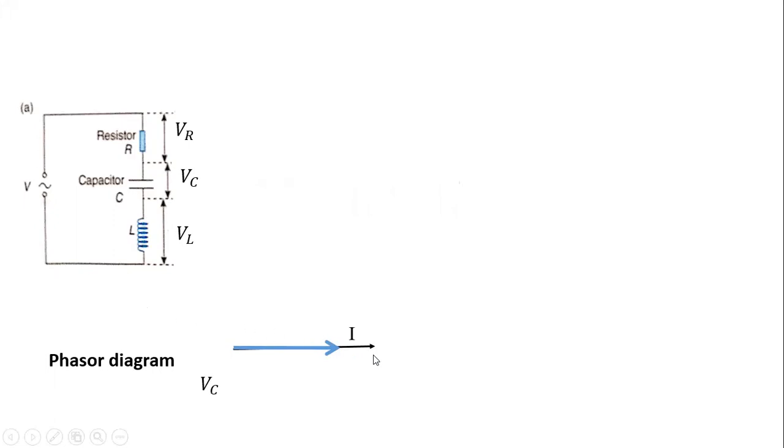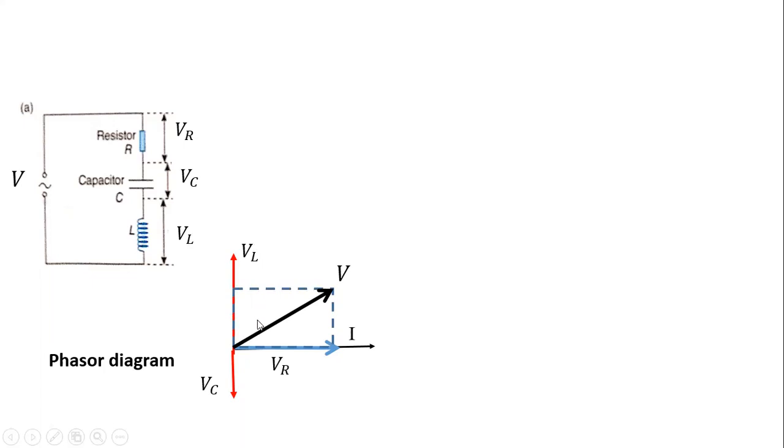So that's your I. Use that as your reference. Then we can draw our VR, voltage across the resistor, then voltage across the inductor, then voltage across the capacitor. Then we can subtract.